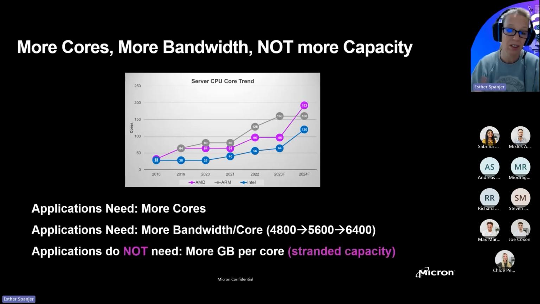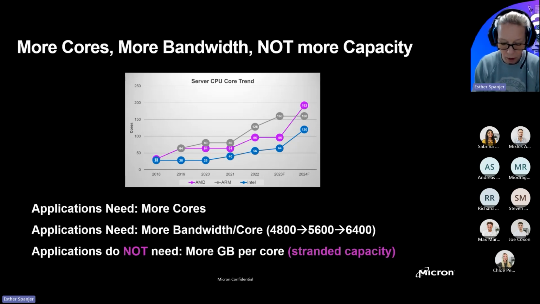But one of the side effects that we're seeing as a result of that is that customers also start to buy a lot of DRAM capacity that they don't necessarily need. So when you're pushing for a lot of performance, you need more bandwidth for these cores, but you don't necessarily need all the capacity that sits behind these cores.